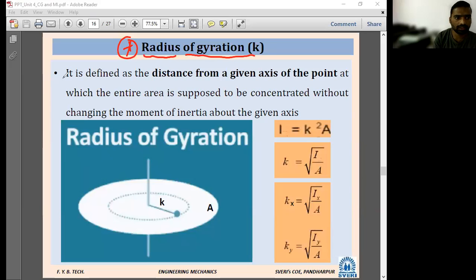Now, I think all of you have studied in your 12th class, correct? Yes, sir. It is defined as, see, all these points are important for the multiple choice questions. Okay, he will give a definition and he will ask, what is this?